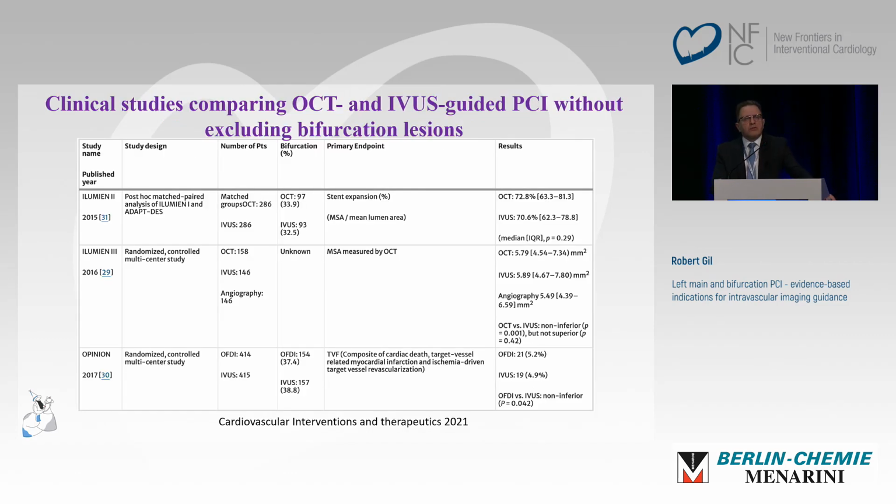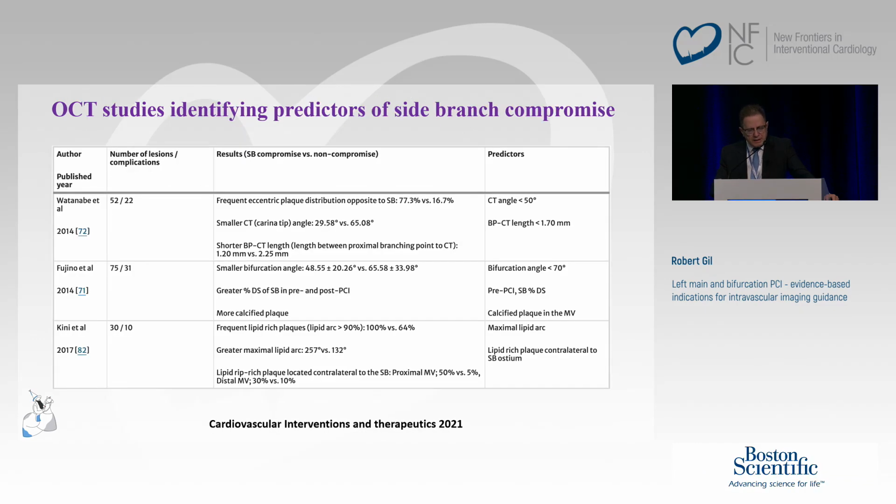This is not a matter only for left main. What is also important is that we already have a lot of evidence showing that IVUS and OCT are almost equal in assessment of other bifurcation treatment, still over angio-based guidance.